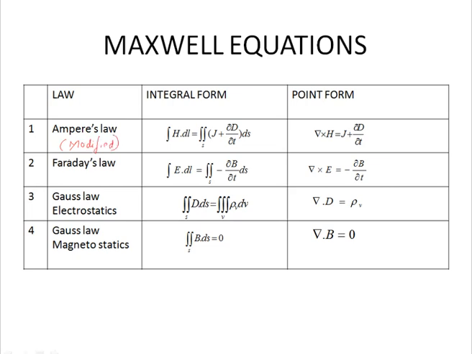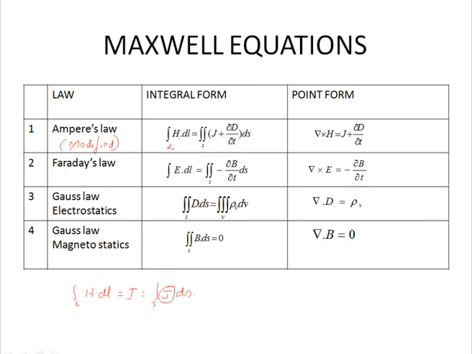What we did was include displacement current density with the normal current density. The ordinary Ampere's equation is line integral of H dot dl equal to total current enclosed, equal to surface integral of J dot ds. To that J we have added dou D by dou t, which is the J D.